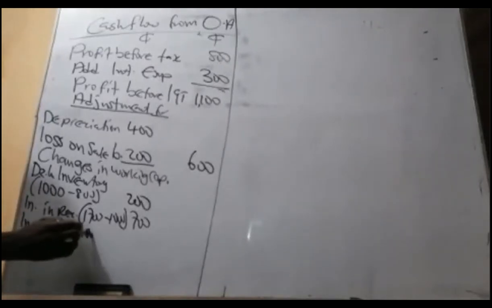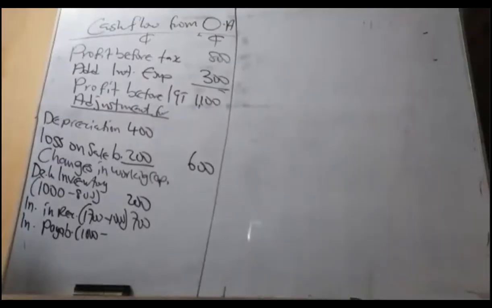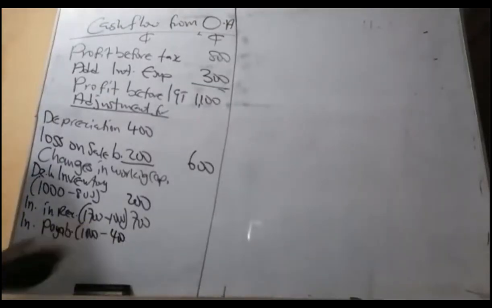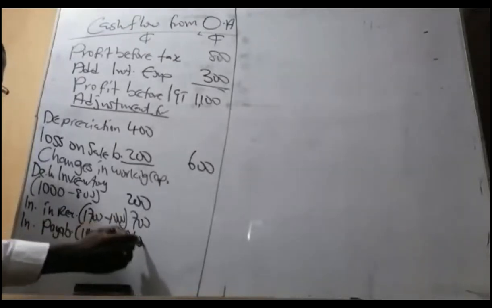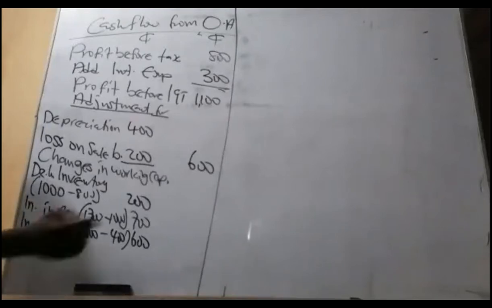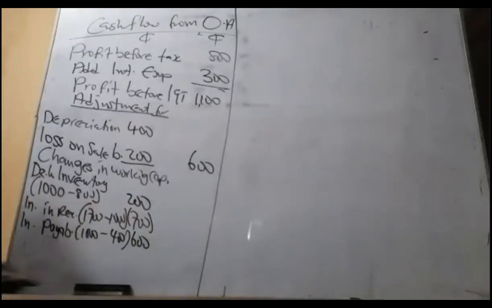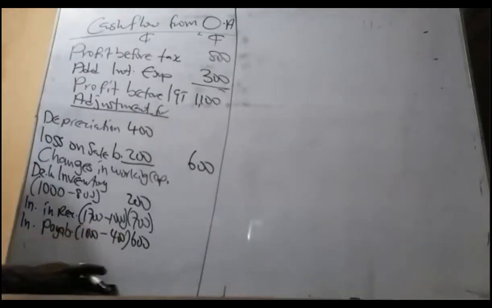So by 1000 less what? 1000 less 400. Good. So 400. By, so you put 600 here. So ask yourself, the trade receivable, if it increases, is it inflow or outflow? It's outflow. So put that one in bracket nicely. Then the trade payable, that one is inflow.